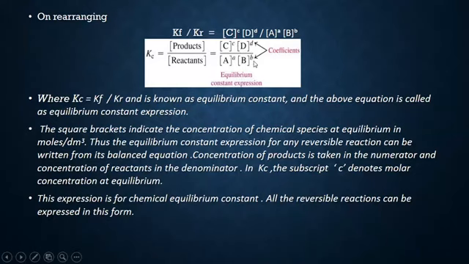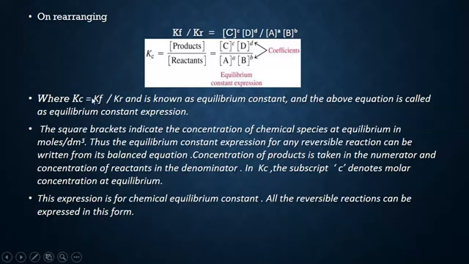The small letters which are written as powers are coefficients in the balanced chemical equation, whereas capital letters which are written in square brackets are the concentrations of products and reactants. This equation is called the equilibrium constant expression.